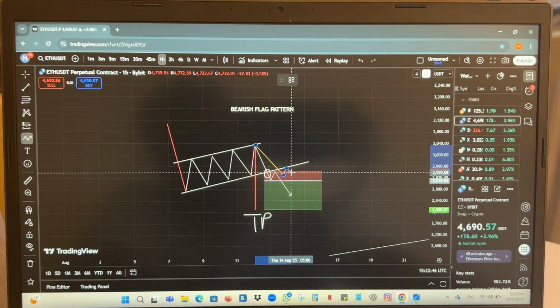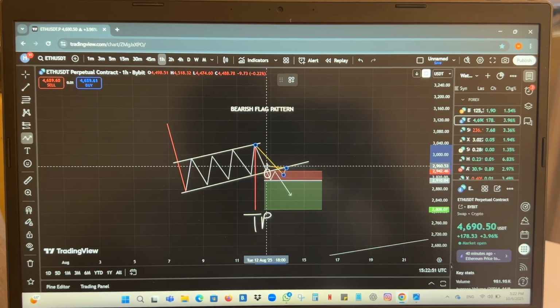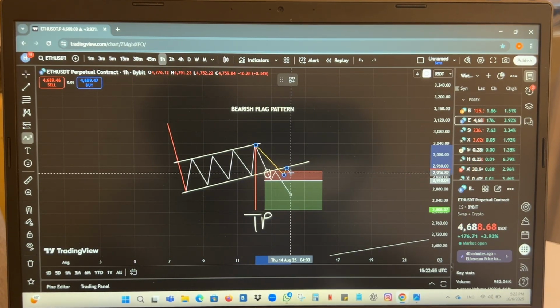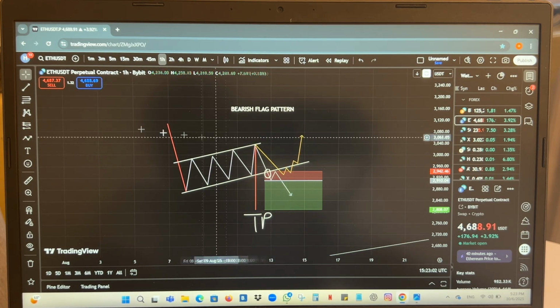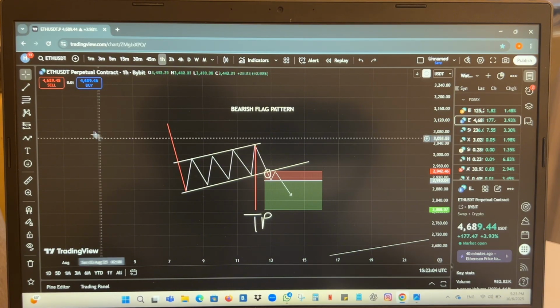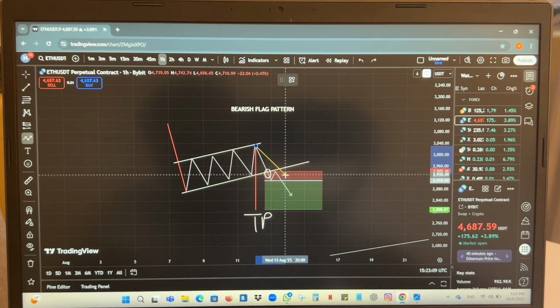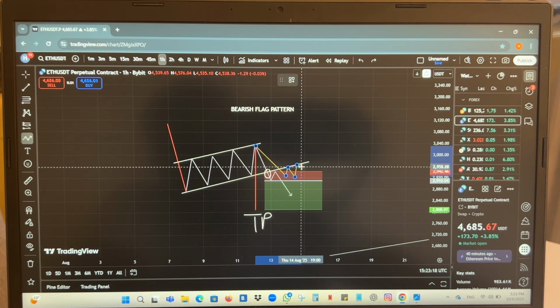There is another pattern type called cup and handle pattern, which I'll be talking about later. So it might do this and then it goes up, or else sometimes the market actually makes head and shoulders patterns. So it actually fakes us who are waiting for a trade somewhere over here, and then it goes up.